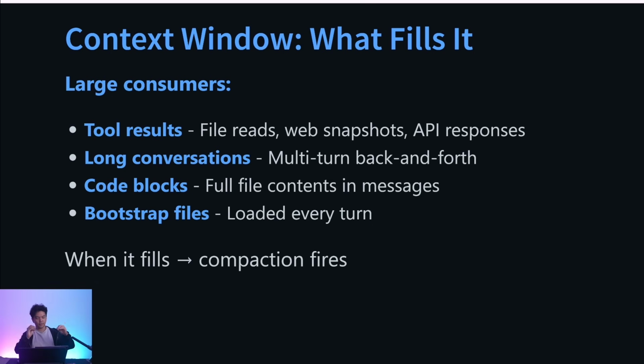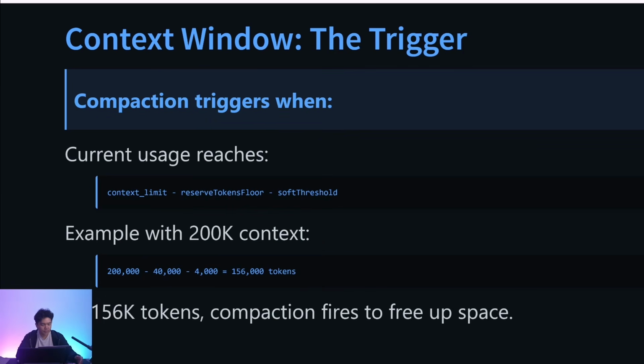Okay, but back to the video. Just remember that these are loaded at every turn, and when it fills, compaction fires, and that's the trigger. And here's how the trigger works. Compaction fires when current usage reaches context limit minus reserve tokens floor minus soft threshold.